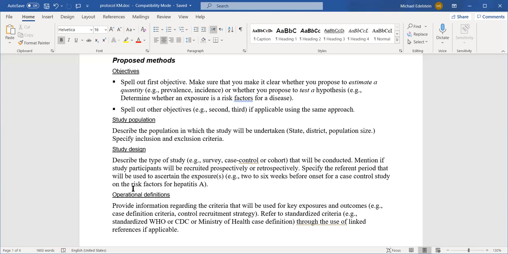Because sometimes, when I've written protocols, I use a fuzzy verb, like "to estimate the correlation" between stuff, and then you don't specify certain parameters, so you're not really very specific on that. Yeah, you have to be very specific.